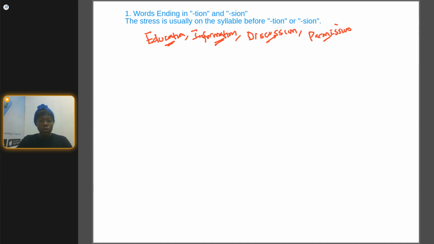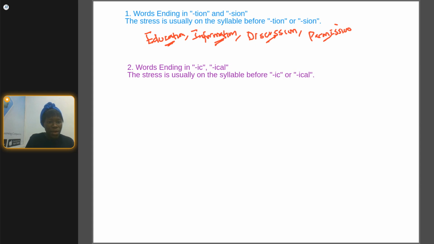Okay, then we have rule number two. Words ending in ic or ical. That's number two. I'm trying to add that on the board. We'll see that shortly. So words ending in ic or ical.